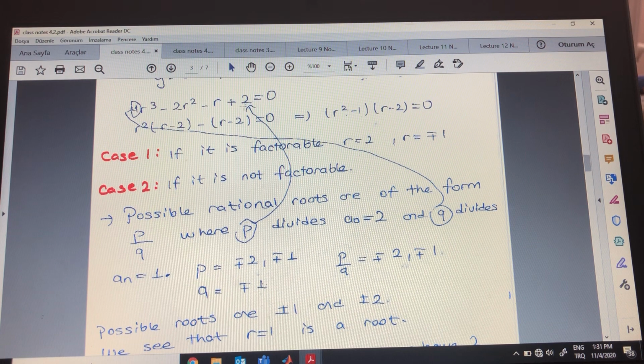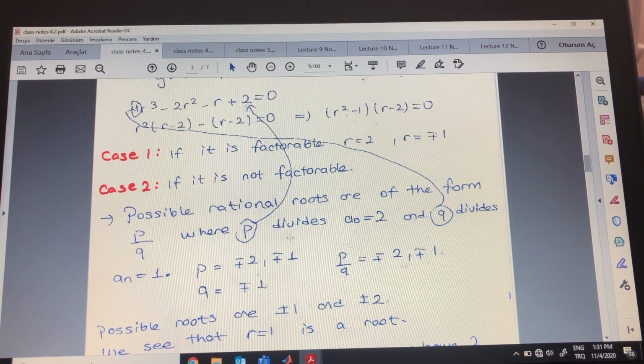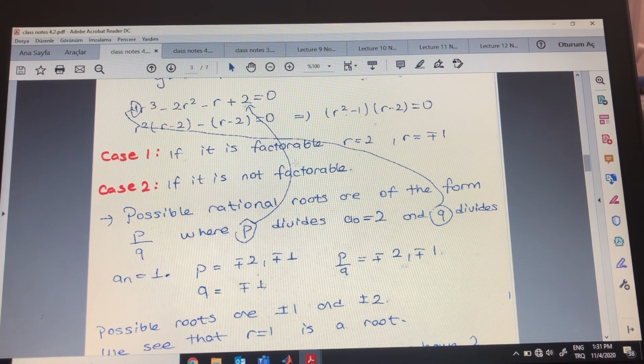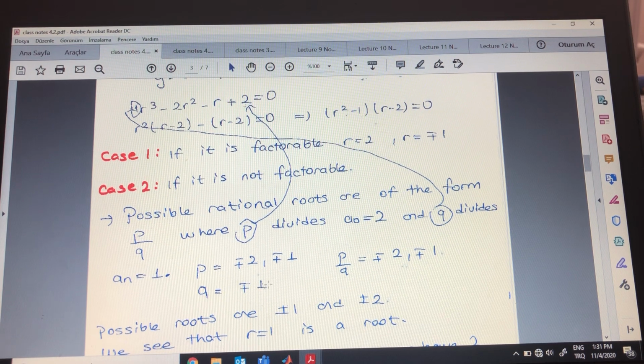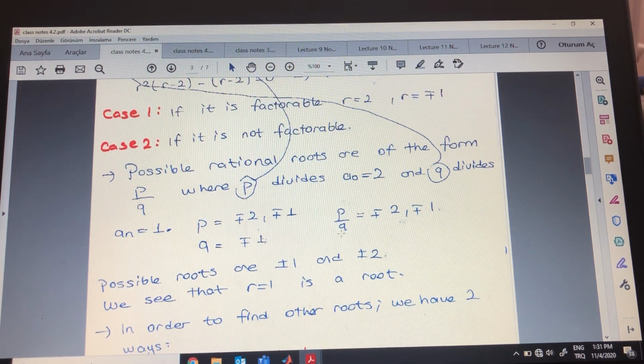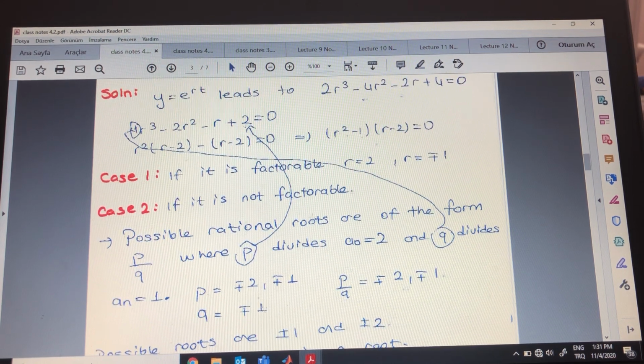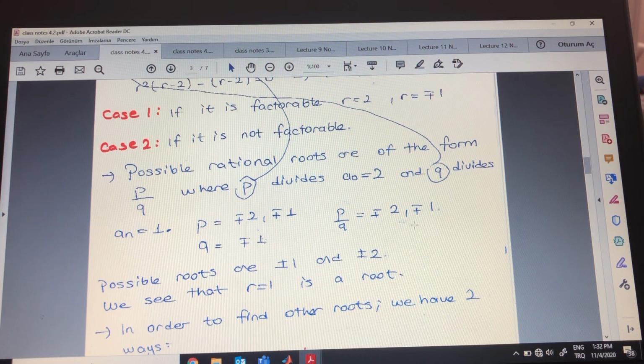So what are the factors of 2? 2 can be divided by plus or minus 2, plus or minus 1. And since q is 1, the highest derivative coefficient, the possible factors for that one are plus or minus 1. And all possible p over q are plus or minus 2, plus or minus 1. So these are going to give the possible roots of your polynomial, so you can start by checking that.